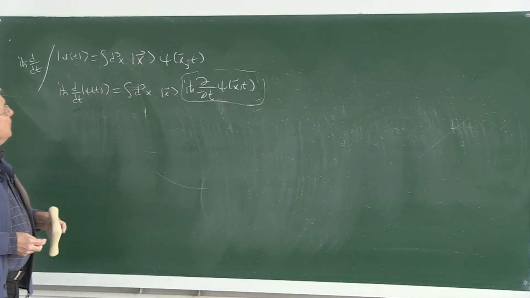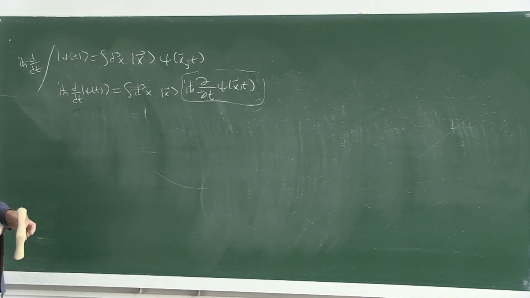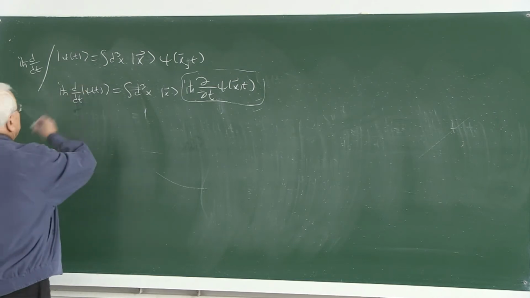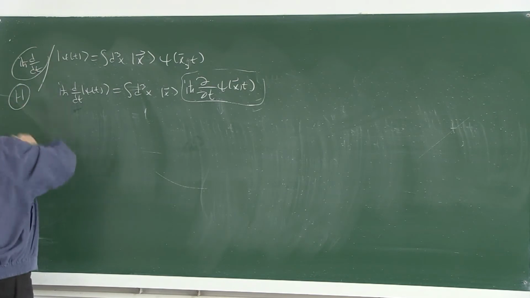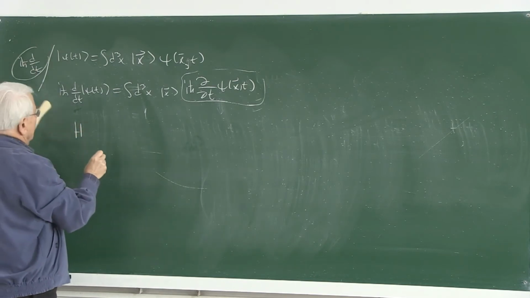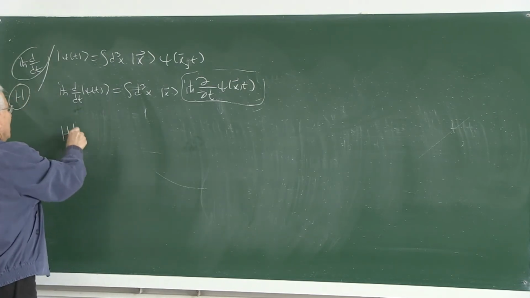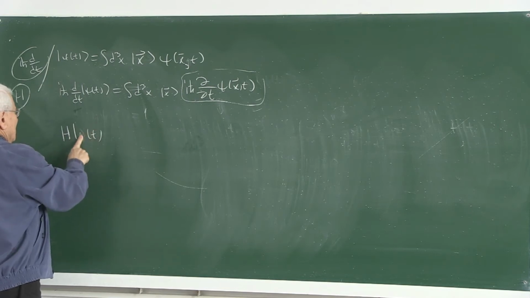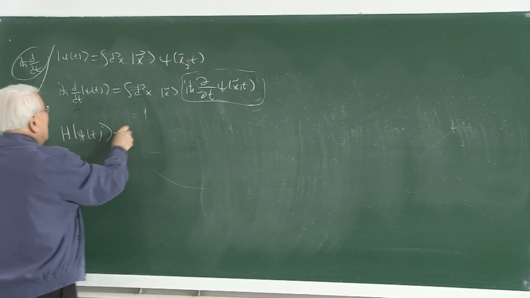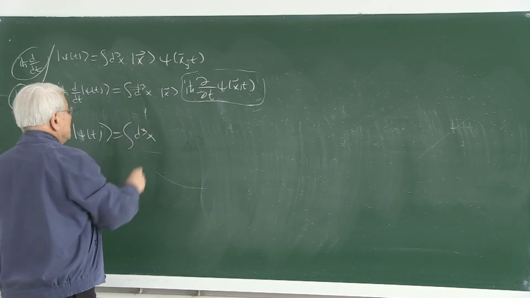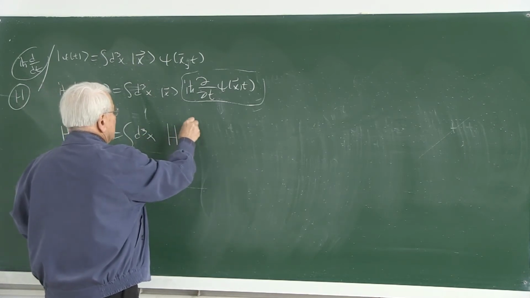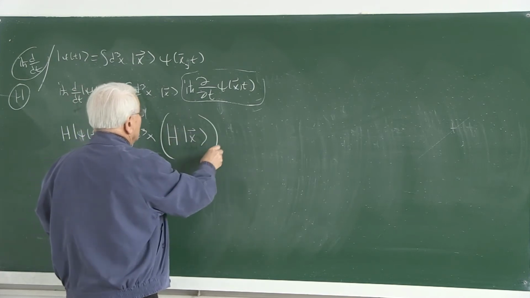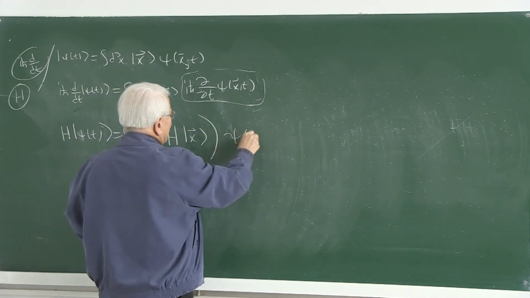So that is what I have on the left-hand side of the equation I have erased. What about the H? Now I have to act on it. Next, I have to act with the H on psi of t, integral d cube x, H on |x>, psi(x,t).